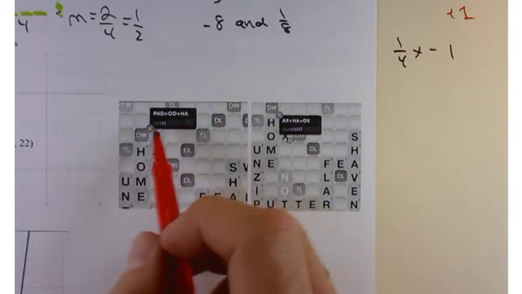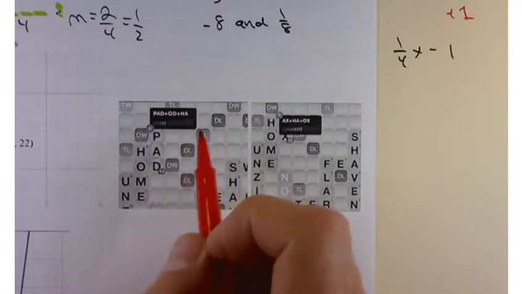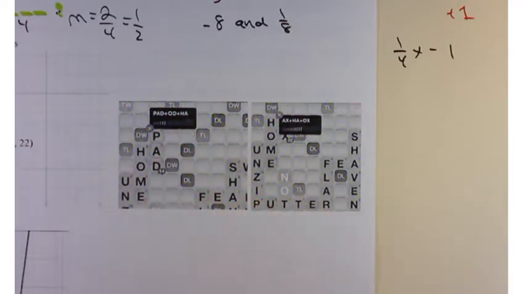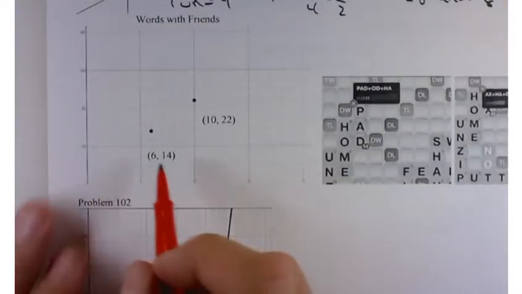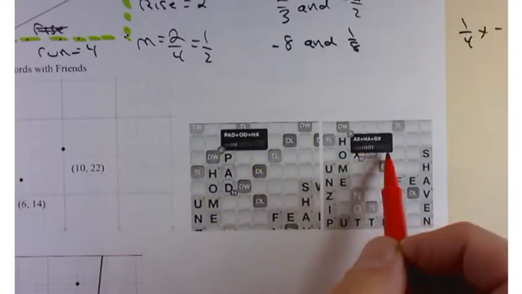Now, in Words with Friends, they give you a word strength meter. It gives you so many bars depending on how good your words score. So if I got 6 bars, that was worth 14 points. 10 bars was worth 22 points.